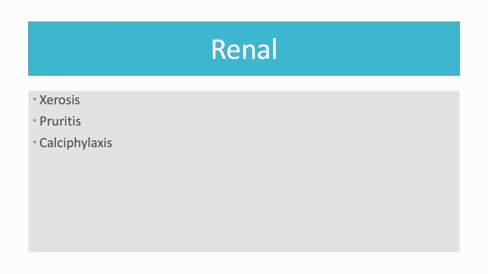One of the most serious skin complications that occurs with long-standing renal disease, particularly end-stage renal disease in people undergoing dialysis, is a condition called calciphylaxis, where there's calcification of the small arterioles and smaller arteries in the skin, producing ulcers. It carries a very poor prognosis.